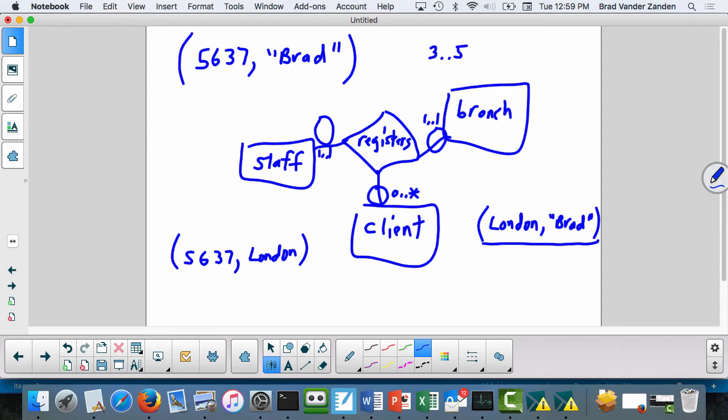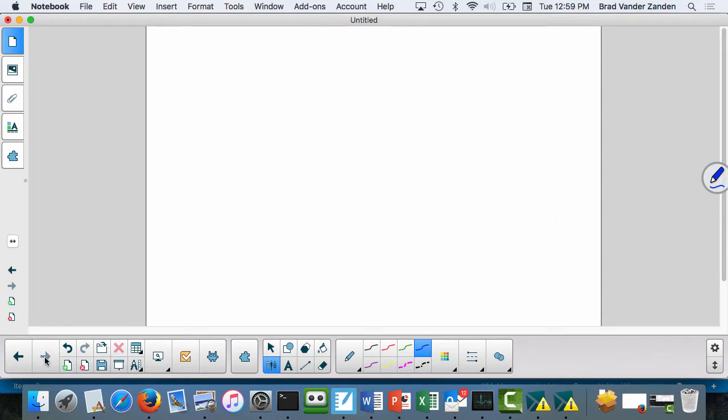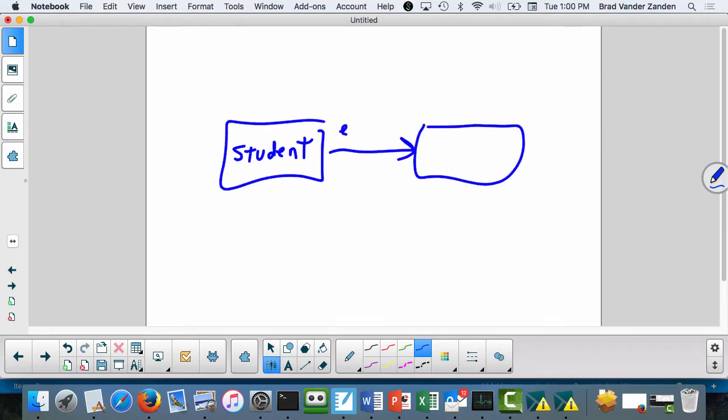So if we said, for example, a student enrolls in courses, and we say specifically a student must enroll in a minimum of 3 and a maximum of 5, we'd write it like that.